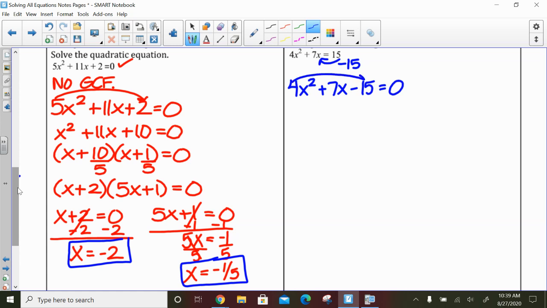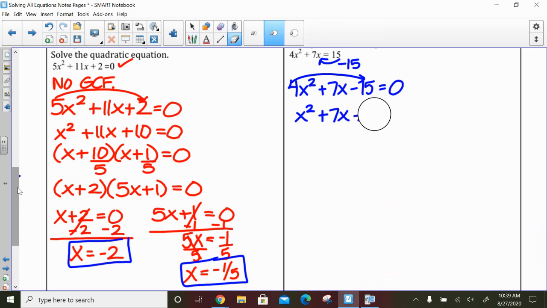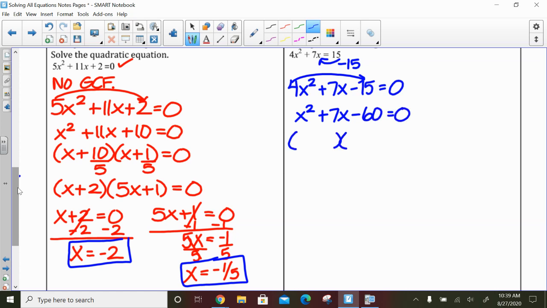So I'm going to do 4 times the 15, which is 60. So x squared plus 7x minus 60 equals 0. Now I'm looking for my factors of 60 that subtract to give me 7. I do not know what that is off the top of my head. So if I do 60 divided by 5, I think that's it.